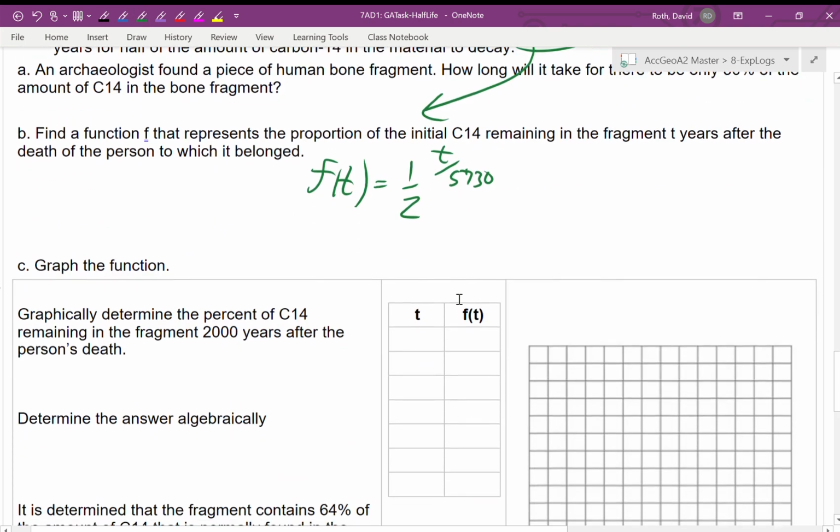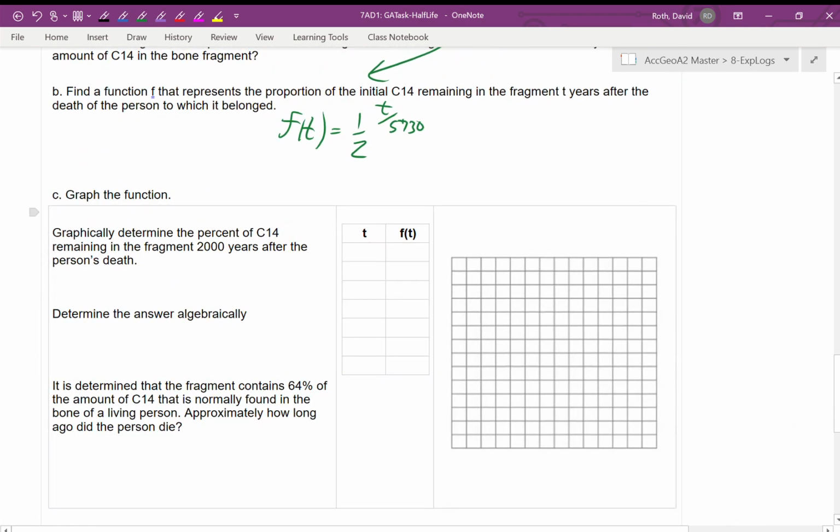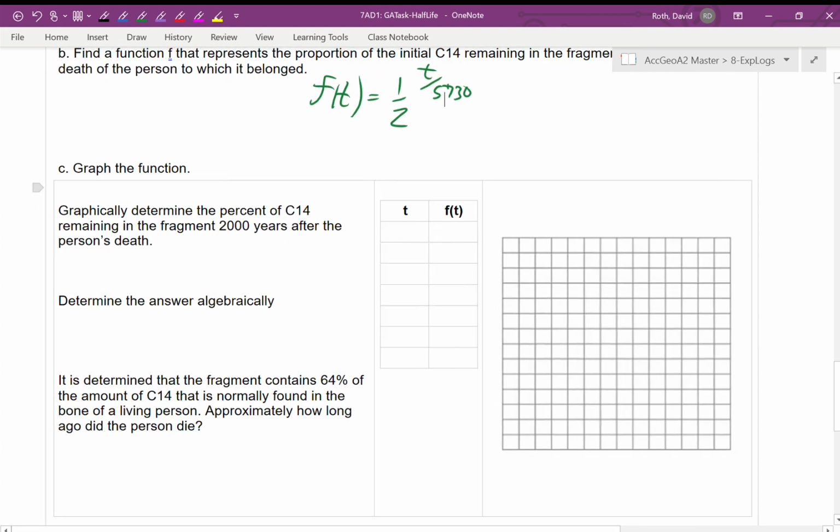Okay, let's use it. Percent of carbon-14 2,000 years after a death. Well, let's just look at this. How many years do I want to go out to? At least 4 or 5 half-lives. So where should I start? I think I'll start at 5730. That'd be 1 half-life. Call that the number of half-lives.